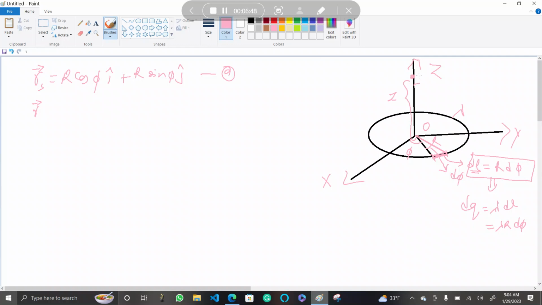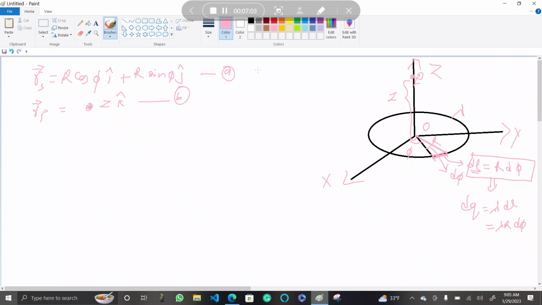The position vector of the destination point, let us say this point is P, has x component 0. It is on the z axis, so only the z component survives, along the k direction.